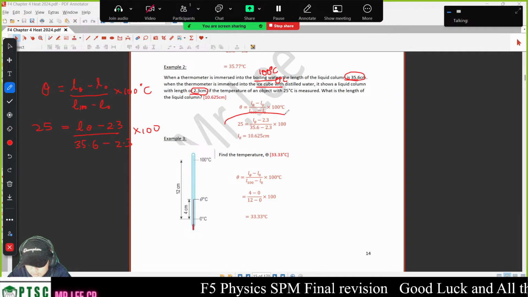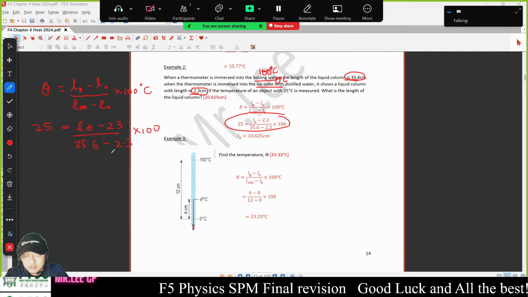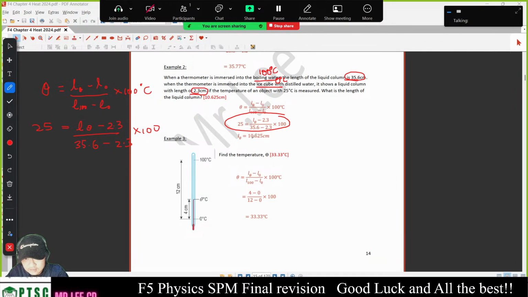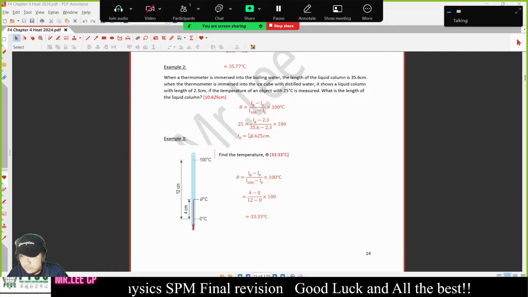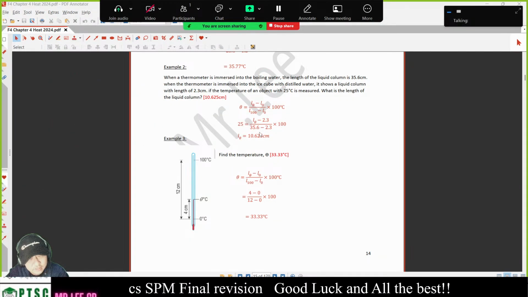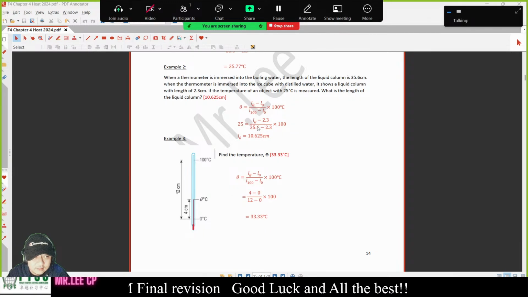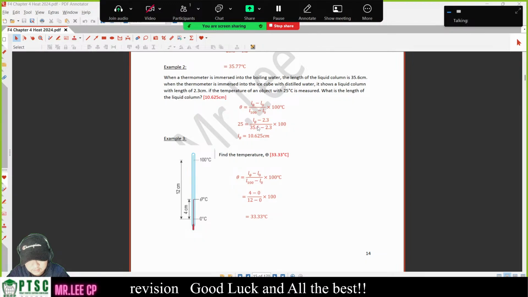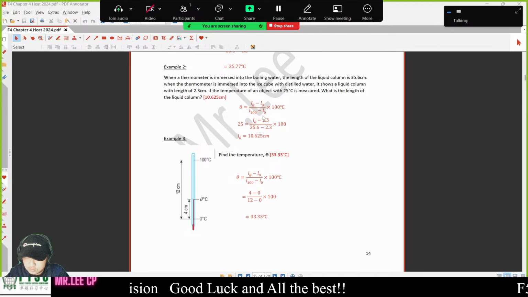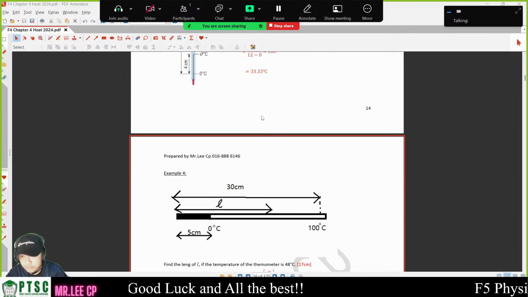So you get this. You cross-multiply and play with your mathematics, then you get the answer. Make sure you know how to do it. If a calculation comes out, normally it is in 2 parts, part 1 and part 2, so you need to be careful. Normally this will be 2 to 3 marks.